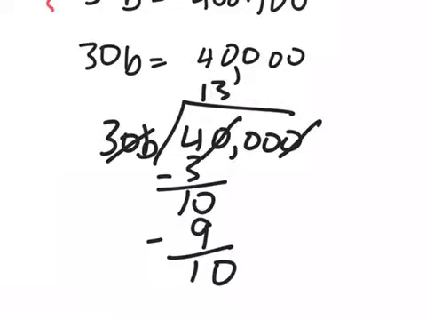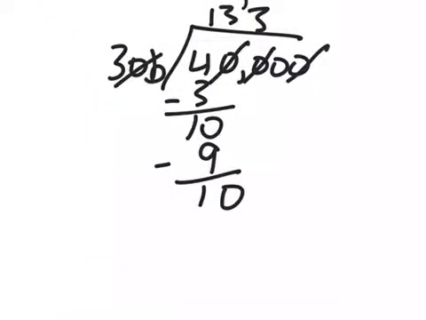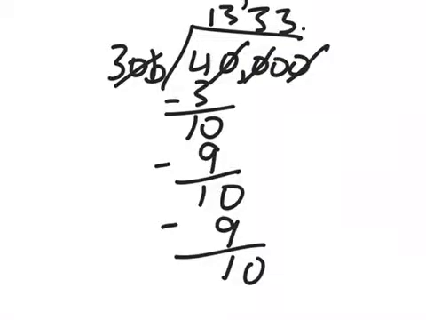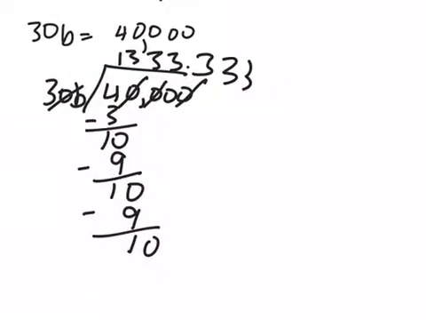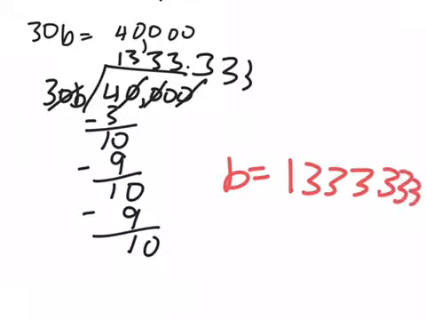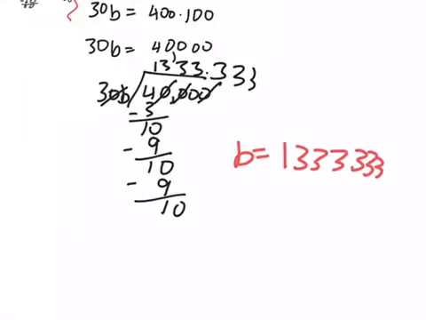Now we're using that. So that would be another 3. That would be minus 9, would be 1, 0. So that would be 0.333 because it's a repeating decimal. So if you were to get your answer for B, you would get that B is equivalent to 1333.333.